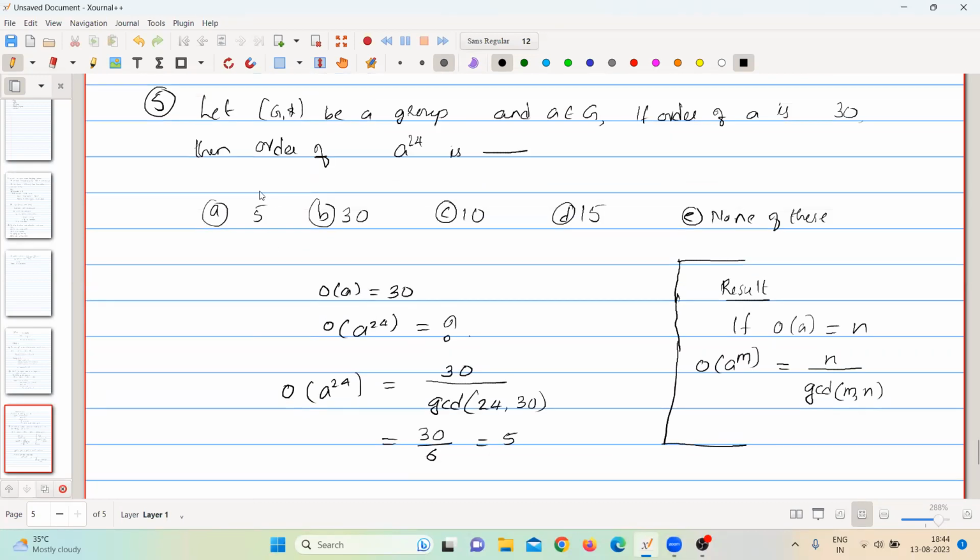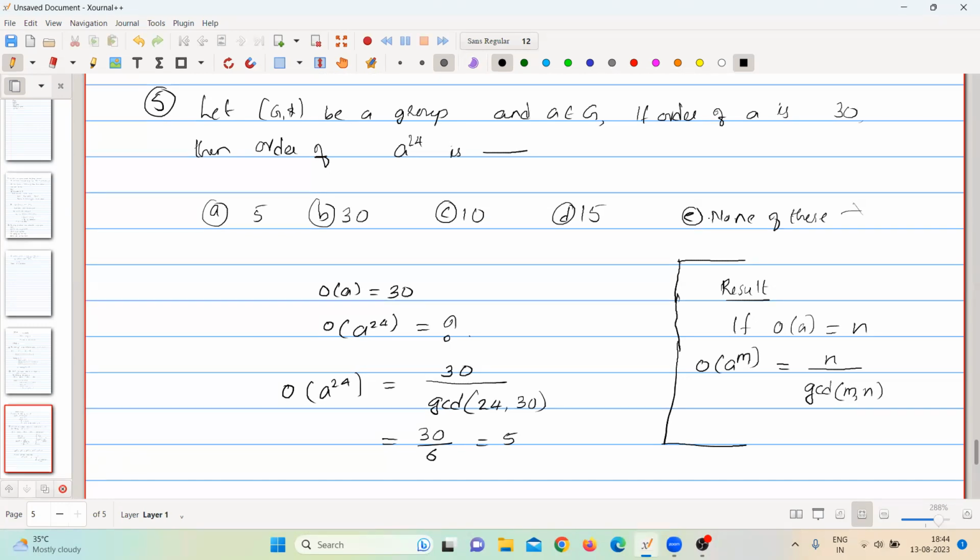But we don't know whether any number less than 5 will be the order, because suppose 3 is there. Using this formula, we got 5 is the smallest order such that a power 24 power 5 is identity.